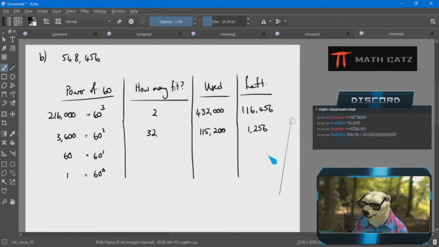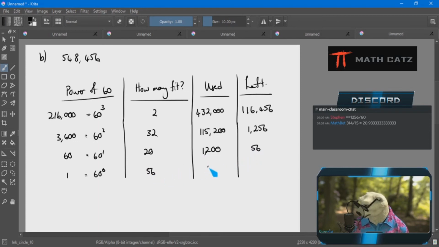It's nice to verify anyway. Nice to verify 20, as I maybe suspected. Then I've used 1,200. And I see I have 56 left. Not quite enough for another group of 60. It was close. But the ones will have to mop up all that is left, and nothing is left after that.